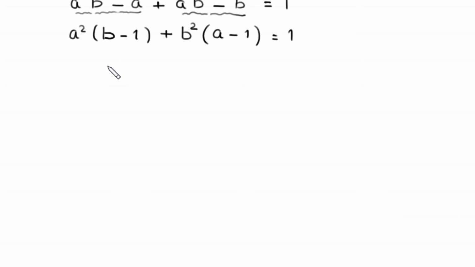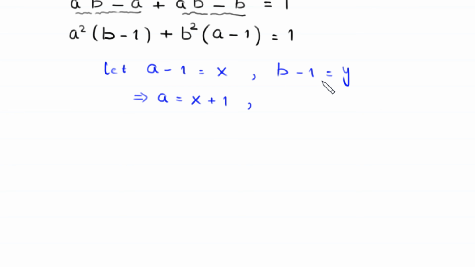Now we suppose that a minus 1 equals x and b minus 1 equals y. If we move this negative 1 to the right hand side, then a is equal to x plus 1.